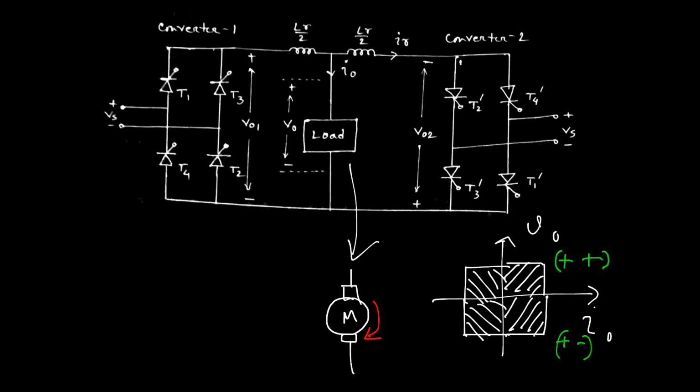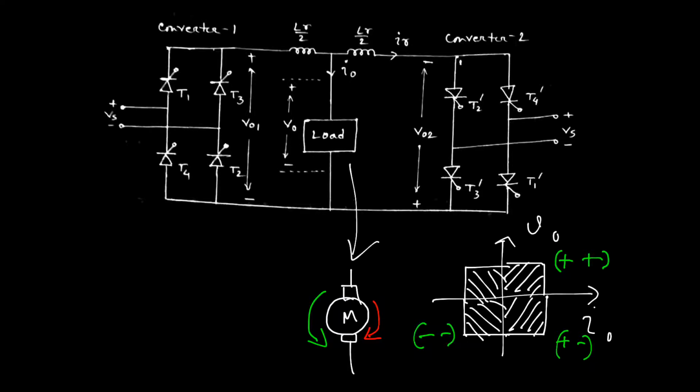When converter 2 starts working and current is delivered to the load in the opposite direction with respect to converter 1, then the motor starts moving in the opposite direction of the first one, that is, suppose, anti-clockwise direction. That means in this particular case, across the motor, voltage and current both are negative.